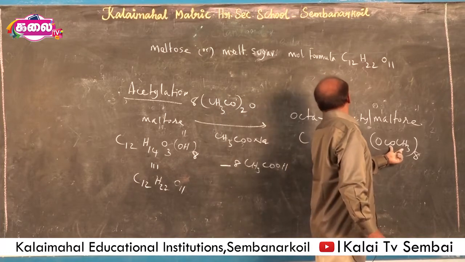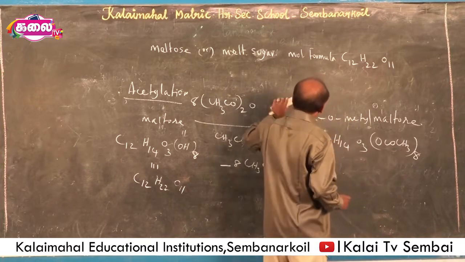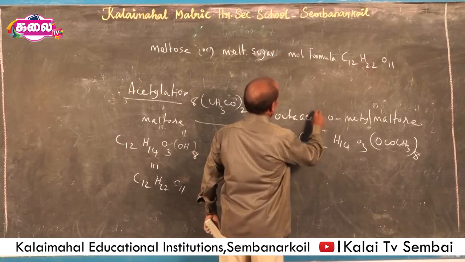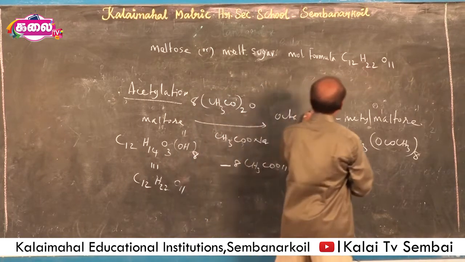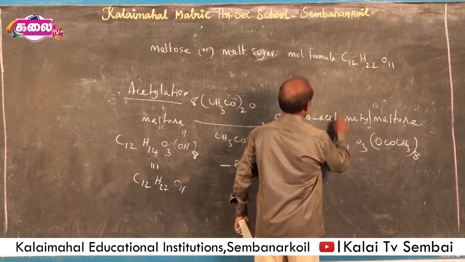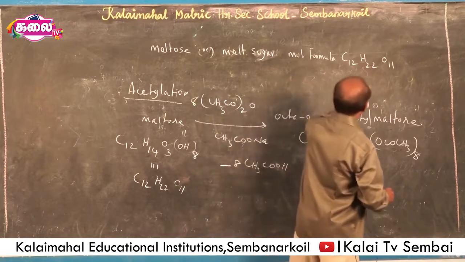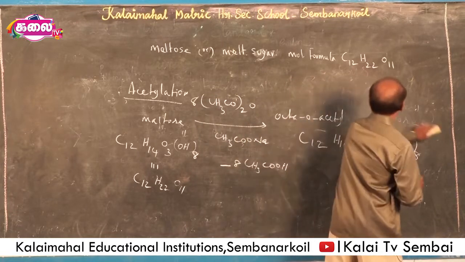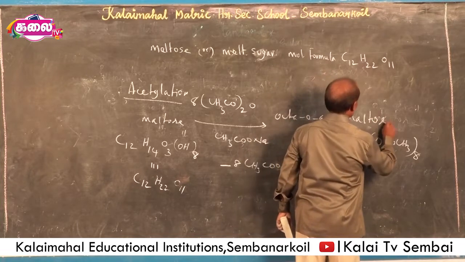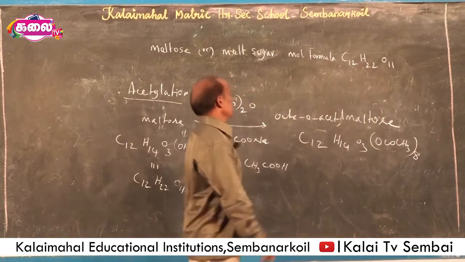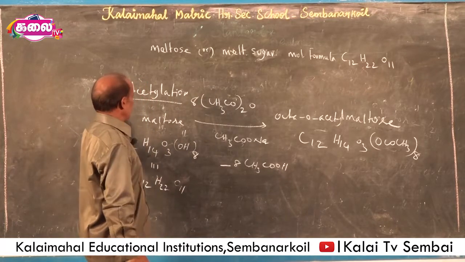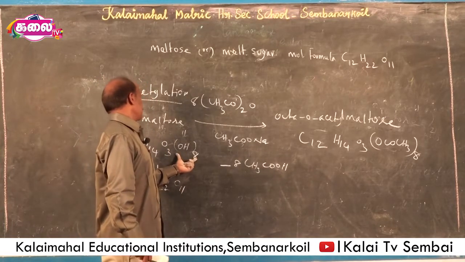The octa-O-acetyl maltose. This reaction proves that maltose contains 8 hydroxyl groups.